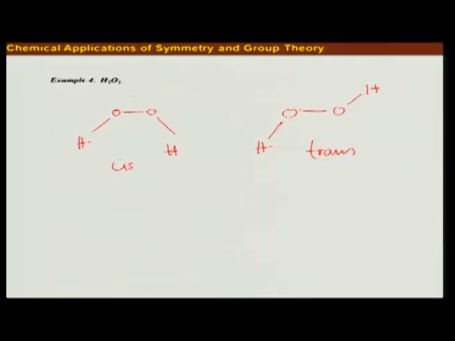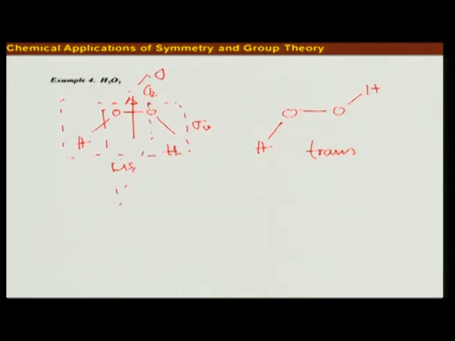For this one you can see easily, you have a C2 along this axis, and there is a molecular plane containing all the atoms. So there is one sigma, if I draw this molecular plane, which I call sigma V, and then another one which is bisecting this O–O bond.